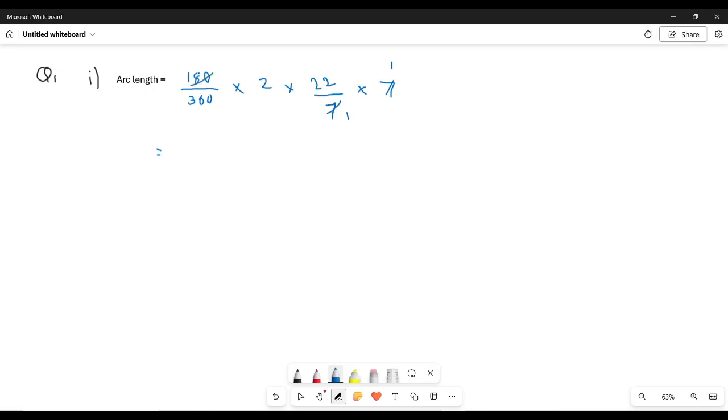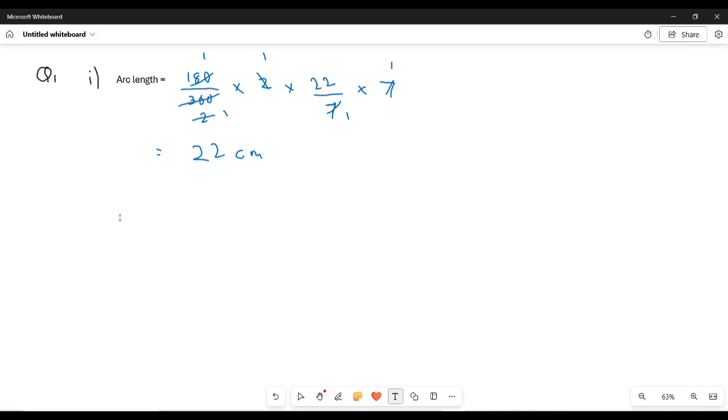In here, obviously 180 is, it's basically half, right? So we know it's a half circle. 1 over 2 into 2 into 22. So in here you can cancel 2 and 2, and you will be remaining with 1. So what is remaining? Only 22 centimeter. So you know the arc length is now 22 centimeter.